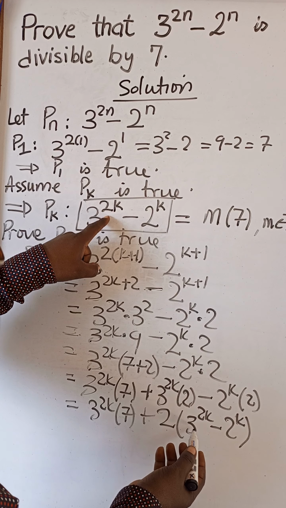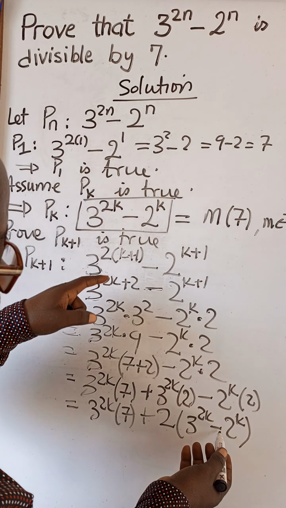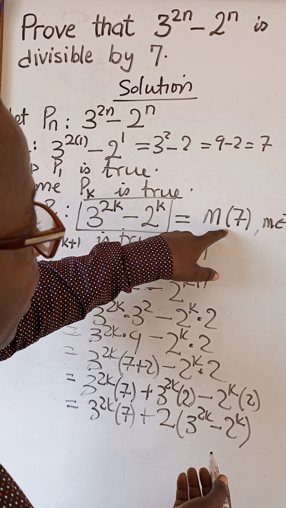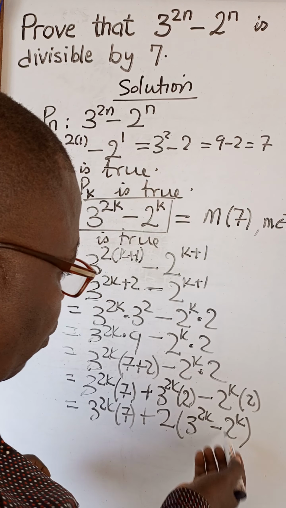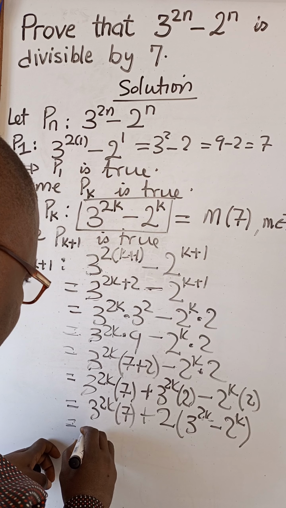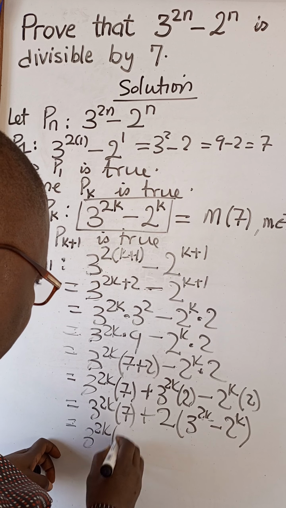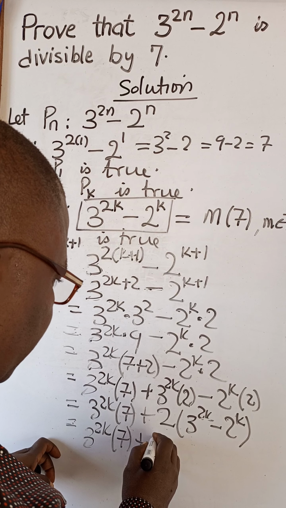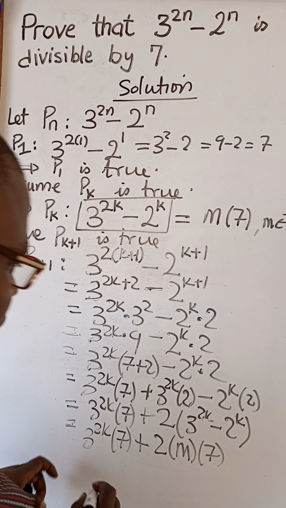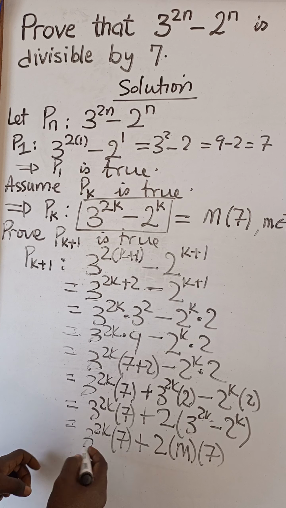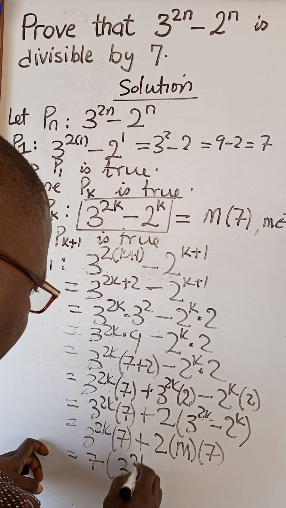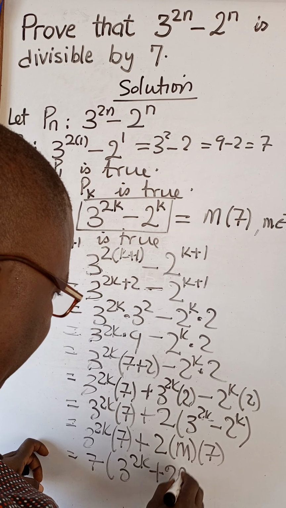But what do we have here? We have 3 to the 2k minus 2 to the k, which we assumed to be divisible by 7, and we called that m multiplied by 7. So we put here m multiplied by 7. So we have 3 to the 2k multiplied by 7, plus 2m multiplied by 7. You can see 7 is common. So we end up with 7 times 3 to the 2k plus 2m.